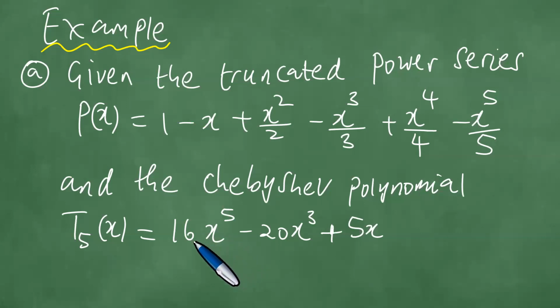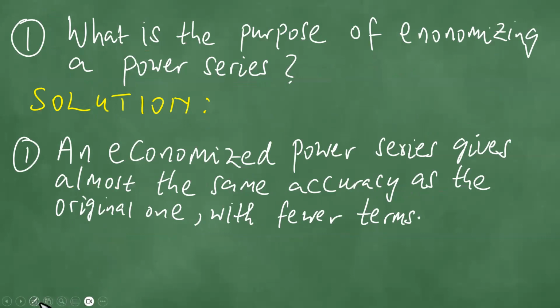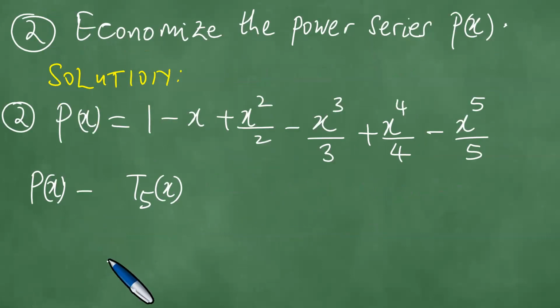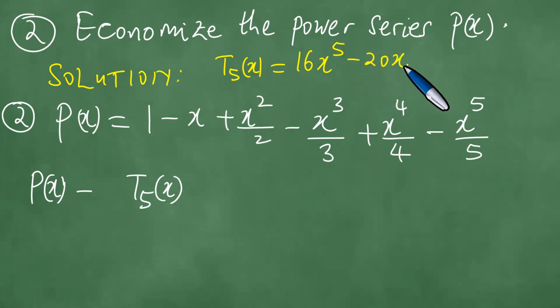So it's 16x to the 5th power plus 5x. Okay, that is the T5, the Chebyshev polynomial of degree 5.